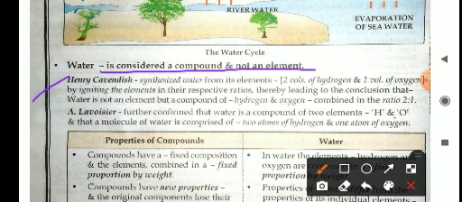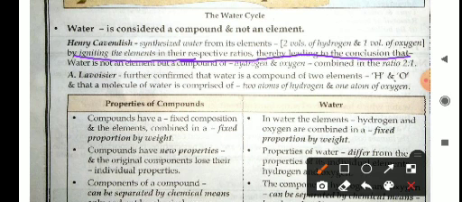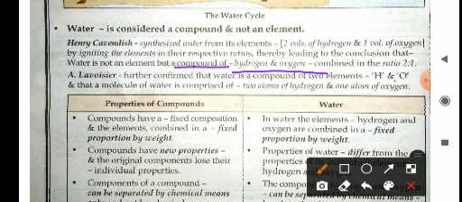Henry Cavendish synthesized water from its elements, two volumes of hydrogen and one volume of oxygen, by igniting them in their respective ratio, leading to the conclusion that water is not an element but a compound, made up of hydrogen and oxygen, and the combining ratio is 2:1.